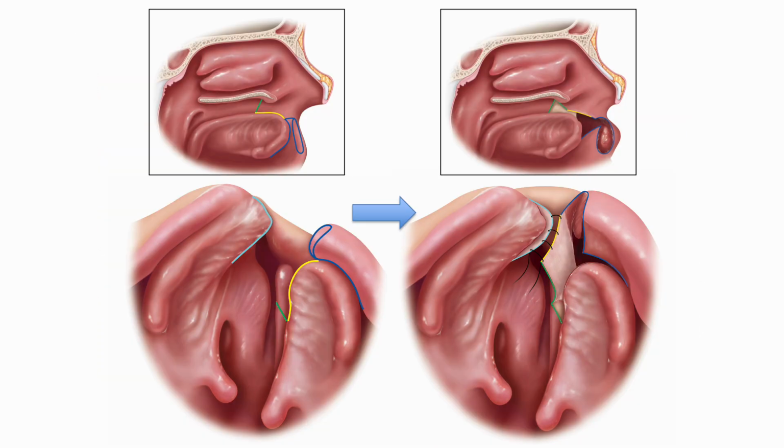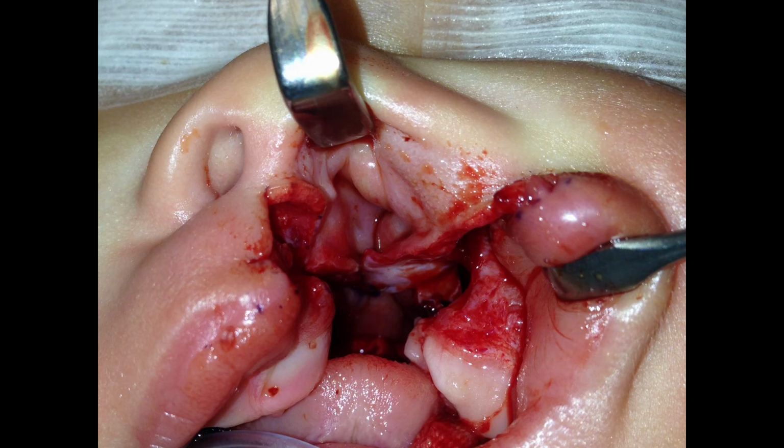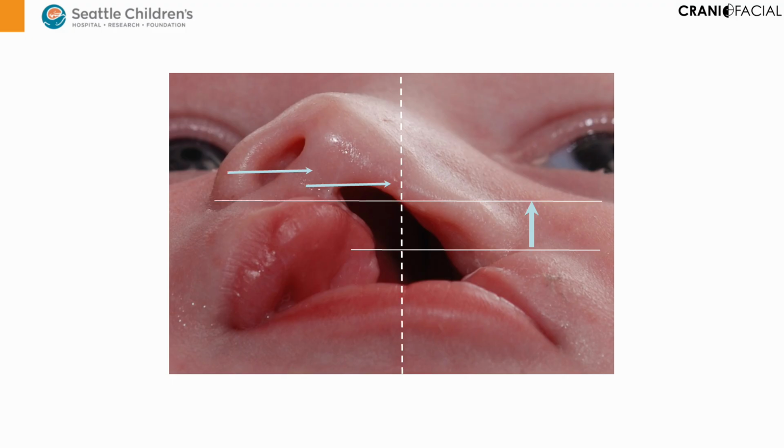And it's through that access that a release can be made along the cleft margin. A releasing incision then allows the alar base to be brought anteriorly, and we can close mucoperiosteum to robustly close the nasal floor. And this is what stabilizes the alar base in its new anterior position.